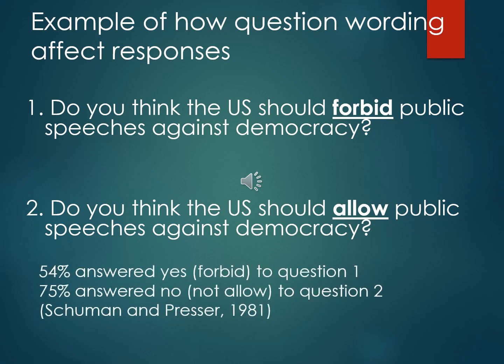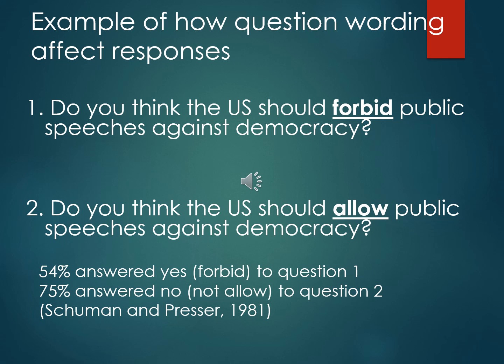Here's another example of different kinds of words used to ask a similar question. Do you think the US should forbid public speeches against democracy? Versus, do you think the US should allow public speeches against democracy? Forbid and allow are antonyms, meaning they are opposite things. But the data suggests, okay, 54% answered yes to question number 1.